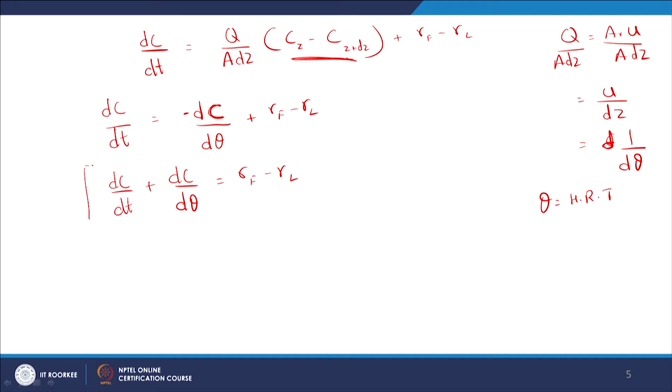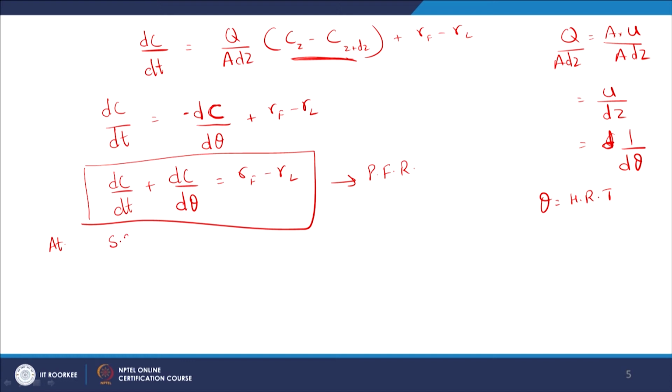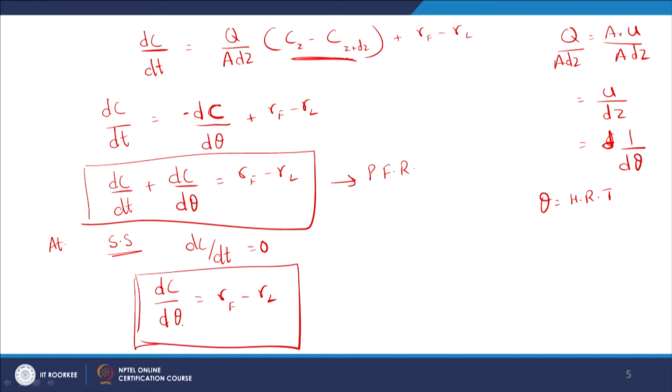So, this is the equation for your plug flow reactor, right. So, at steady state, what is steady state? I guess there is no change in any variable with time. So, at steady state dc by dt will be equal to 0. So, now I will end up with dc by d theta is equal to rate of formation minus rate of loss of the particular compound, right. So, that is what I have here, yes.